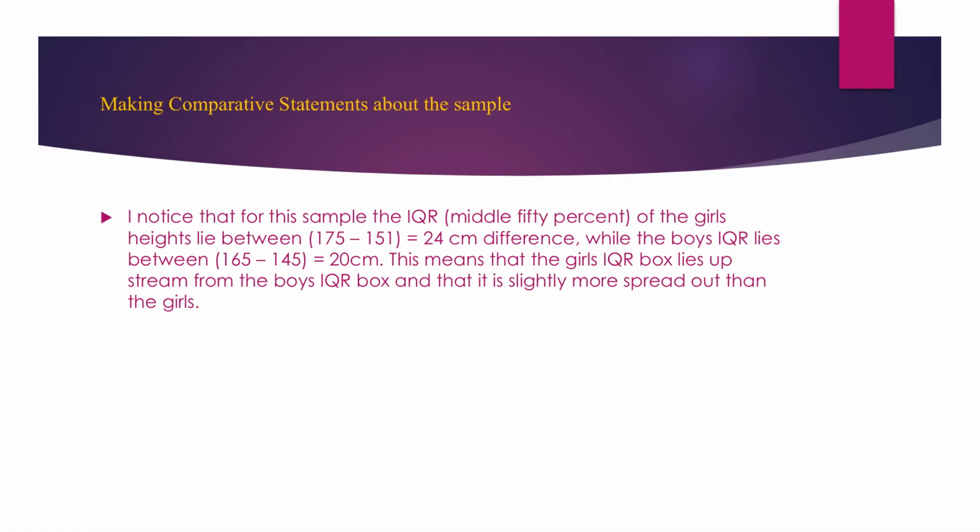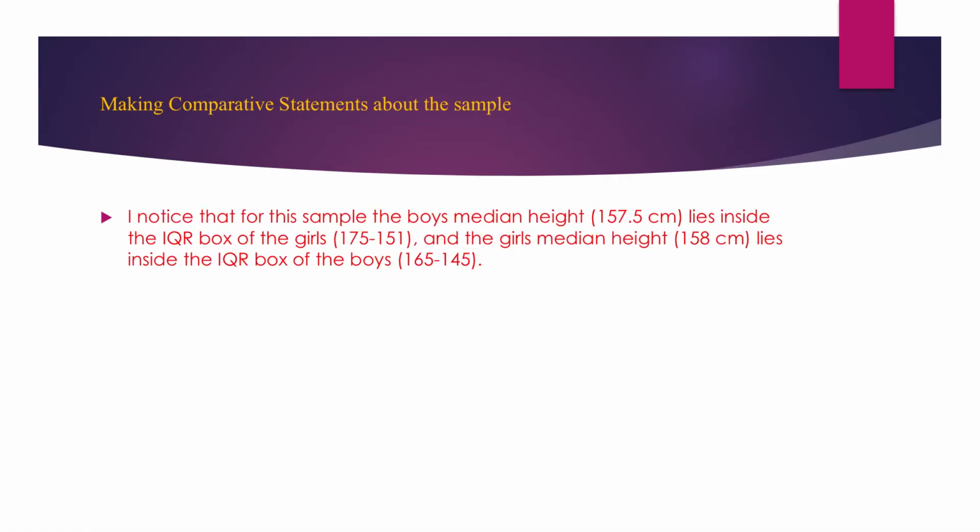So I noticed that the sample boys' median lies inside the interquartile range. Again, I've mentioned context and units, and I've even restated the interquartile range, and the girls' median height of 158 lies inside that box. That's really very, very important.